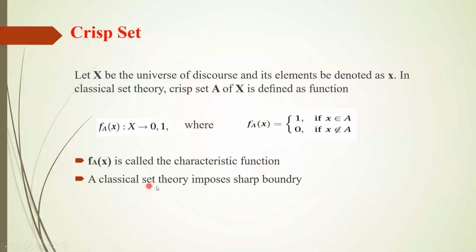A classical set theory imposes sharp boundary because of these absolute values. This set maps universe X to a set of two elements. For any element x of universe X, the characteristic function is equal to 1 if x belongs to A and is equal to 0 if x is not an element of A.